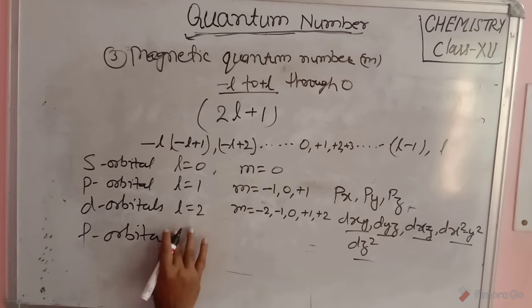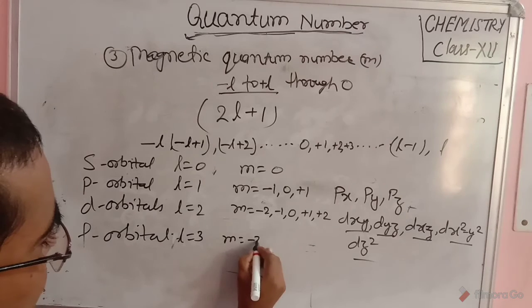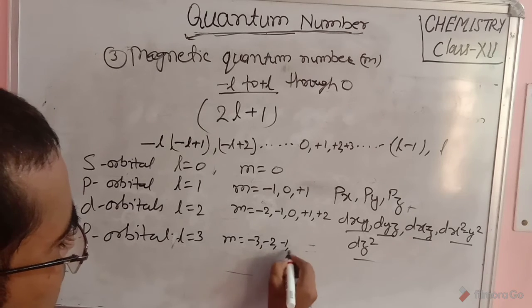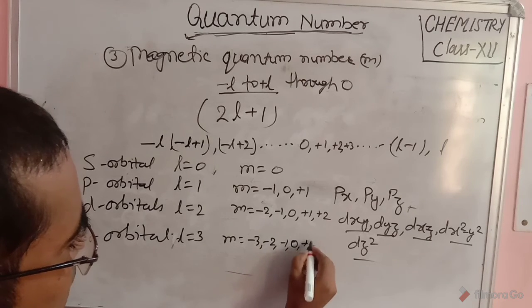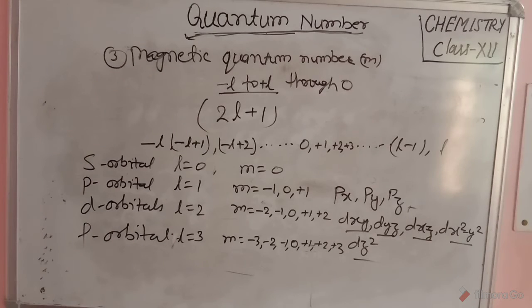Similarly for f orbitals, L will be 3. So m will be minus 3, minus 2, minus 1, 0, plus 1, plus 2 and plus 3. There are 7 values and 7 orientations are possible.